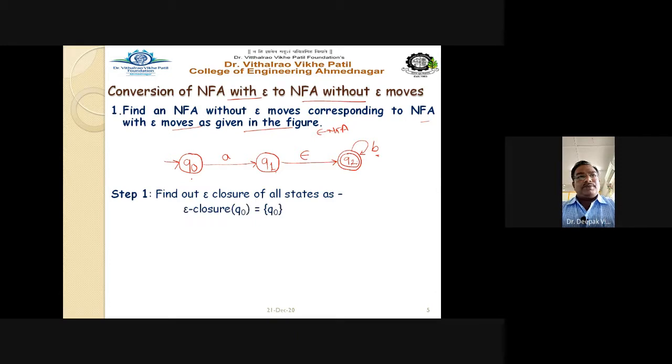So step number 1: find the ε-closure of all states. You know how to find the ε-closure; we have already discussed it.